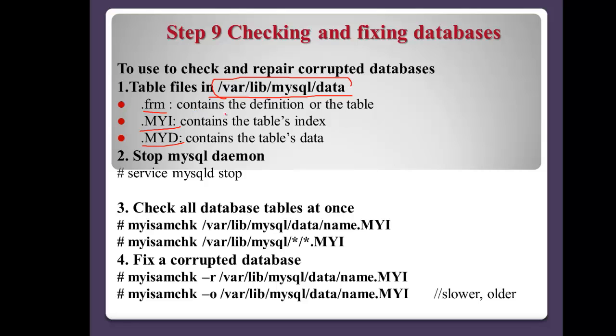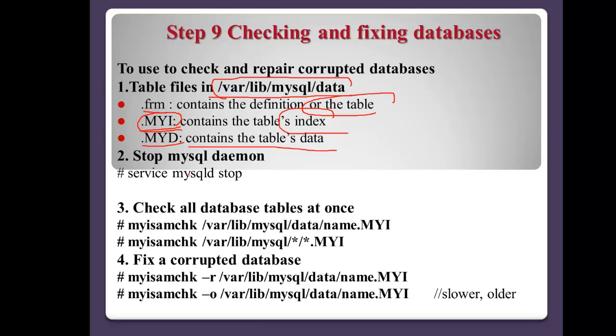FRM file normally contains the definition of the tables, and MYI contains the table index, and MYD contains the table's data. So for the checking or fixing database, we will use this file, MYI.